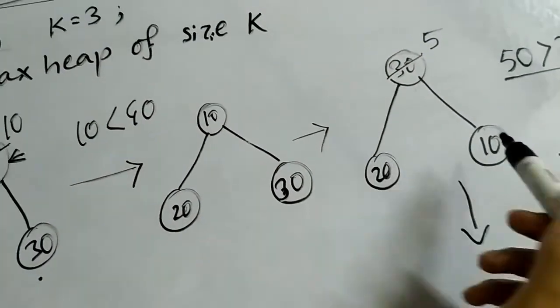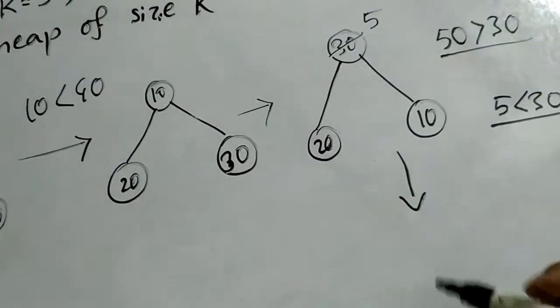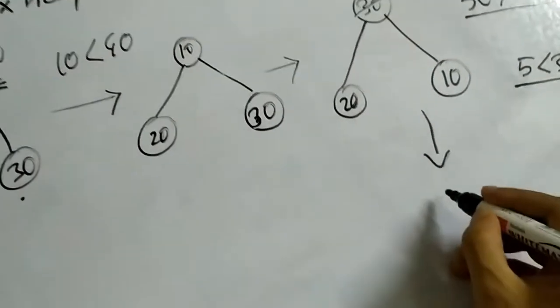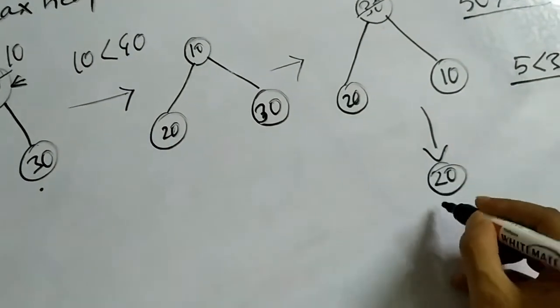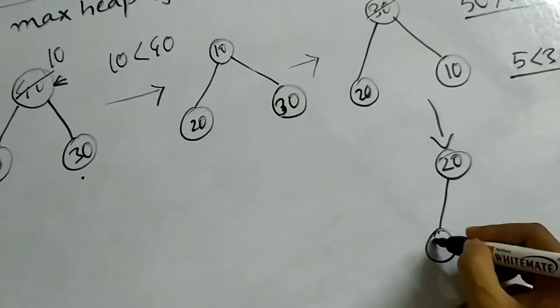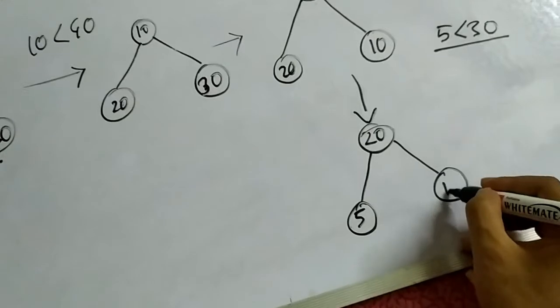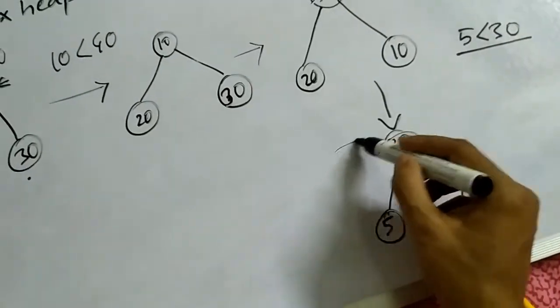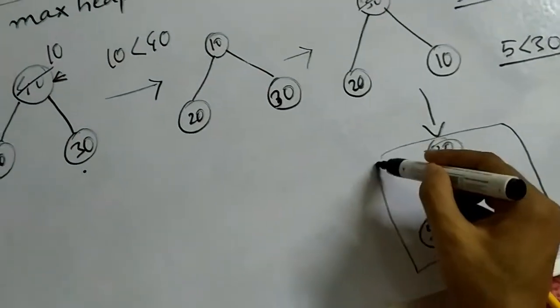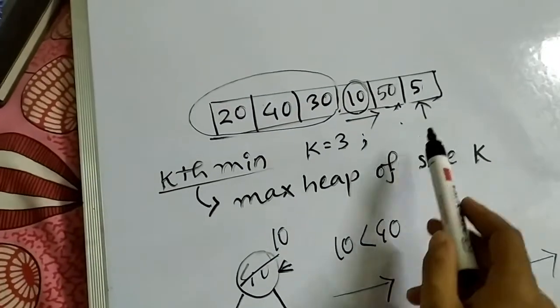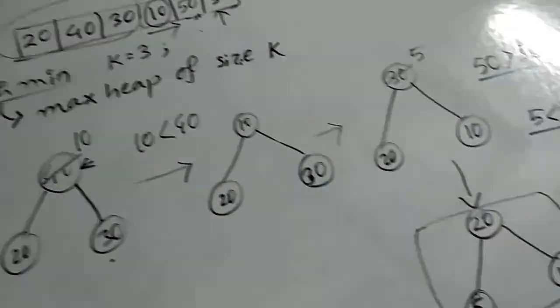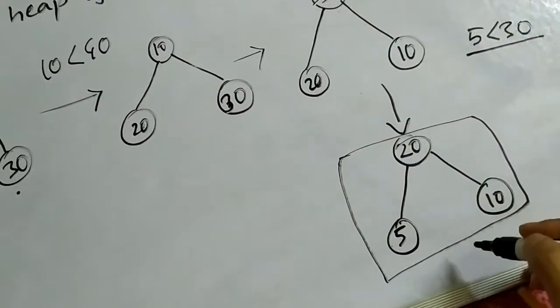As you can see, this is not a max heap. To make it a max heap, 20 will come at the top, then 5 will come on the left side, and 10 will be as it is. Now I have traversed the entire array and I am getting this max heap.